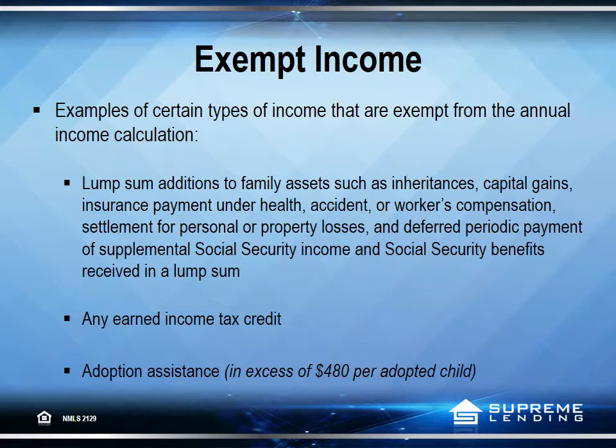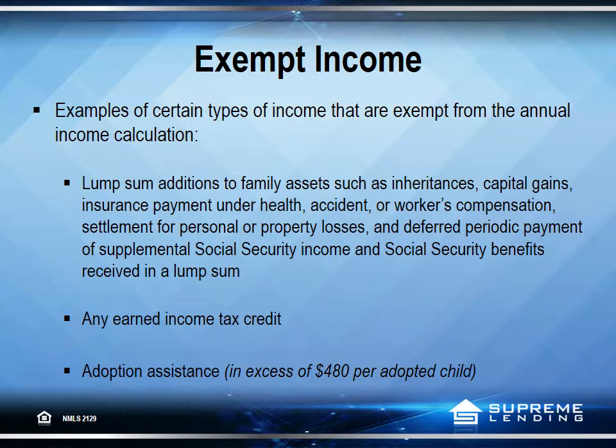Lump sum additions to family assets, such as inheritances, capital gains, insurance payment under health, accident, or workers' compensation, settlement for personal or property losses, and deferred periodic payment of supplemental Social Security income and Social Security benefits received in a lump sum.